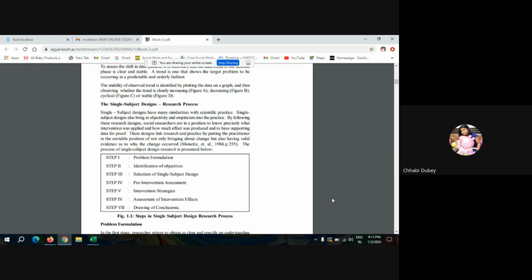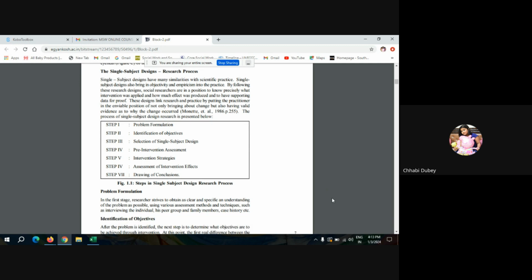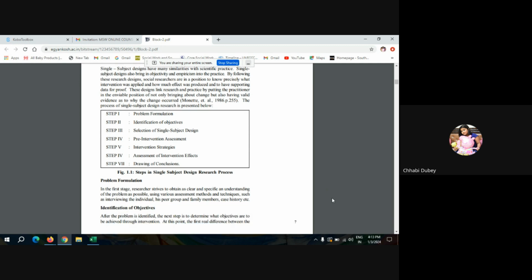And these designs link research and practice by putting the practitioner in a very good position. Definitely it gives you a very good idea about how effective that intervention was. So these are the various steps taken in a single subject design research process.